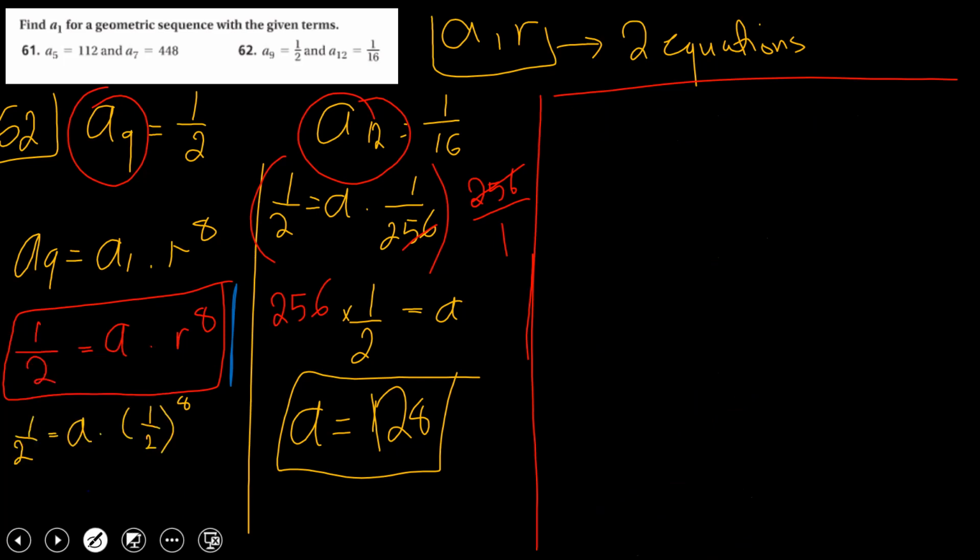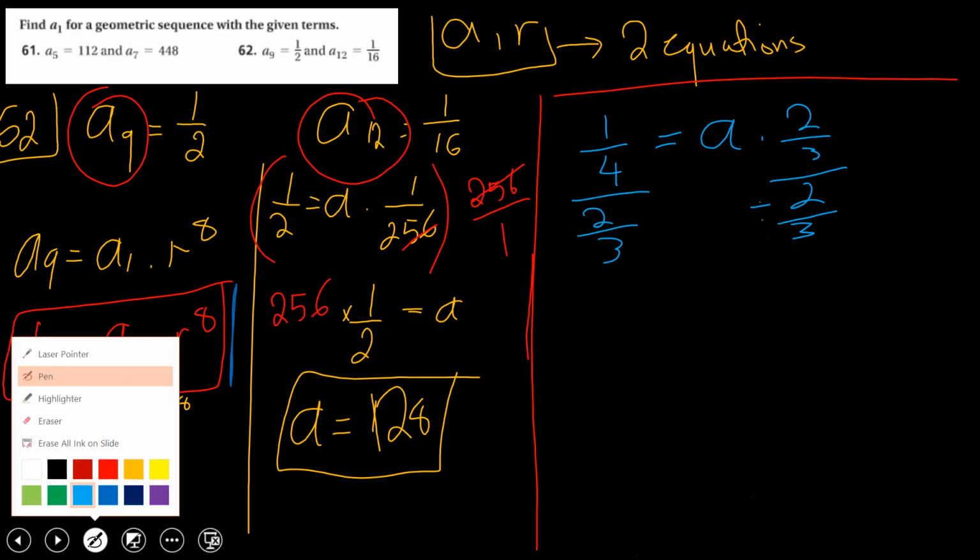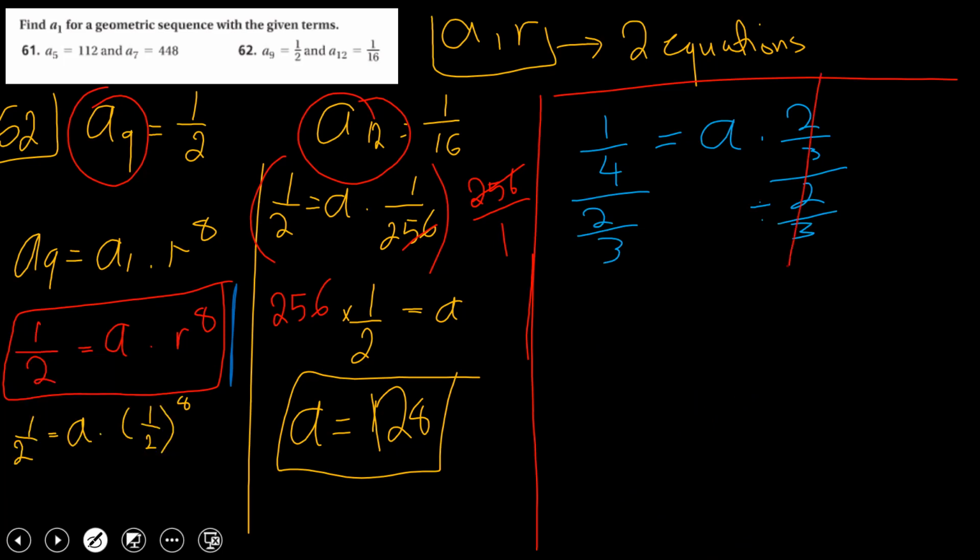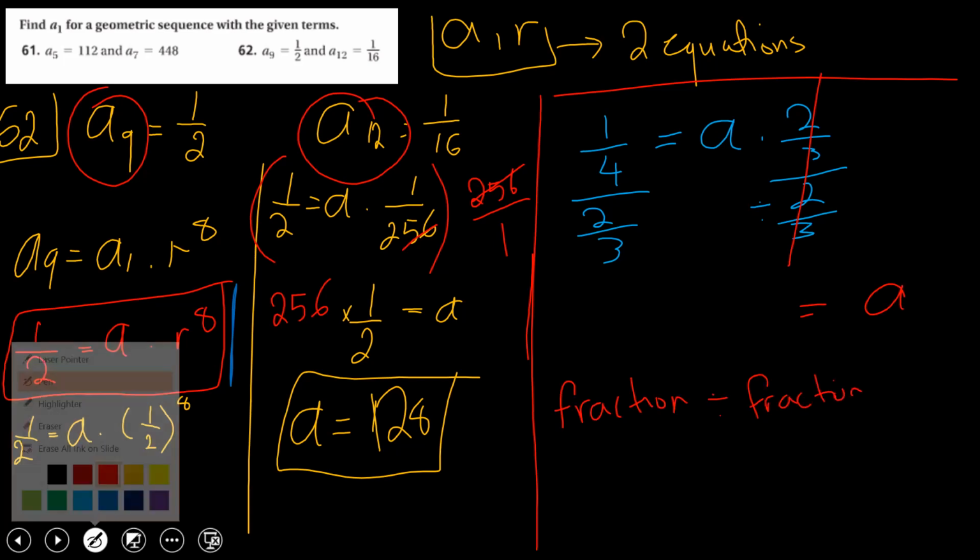Let's have another example. If you have 1 over 4 is equal to a times 2 over 3, how can we find a? By dividing both sides by 2 over 3. Because you're dividing them by the same number, it will cancel each other, and here we have a. Now here, if you have a fraction divided by another fraction, what did you say?